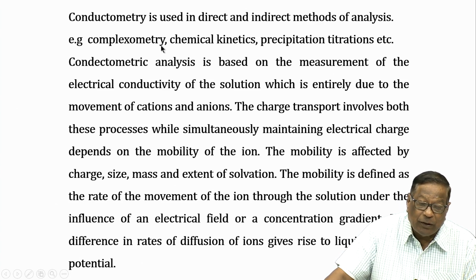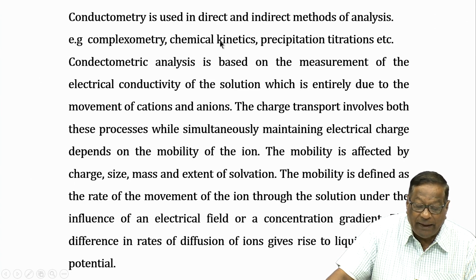So, in complexometry, normally ions will complex and then they will become neutral, charged or uncharged species. In chemical kinetics, ions may be consumed or added in the chemical reactions. So, it can be used for chemical kinetics.